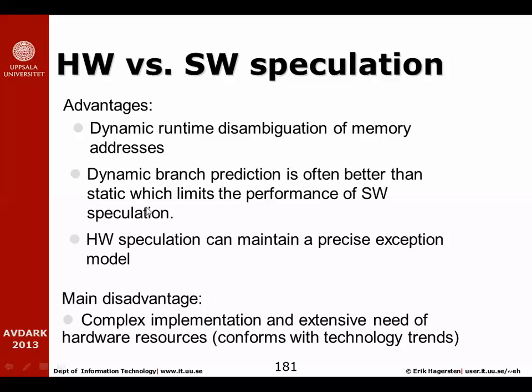We don't have to execute all these extra instructions with a speculative load and the check load and so on. So it's better, but the main disadvantage is it is very complex to implement that out of order checks and reordering. And if we instead could help the compiler do a good job in finding instruction level parallelism, that potentially could be a much better solution.